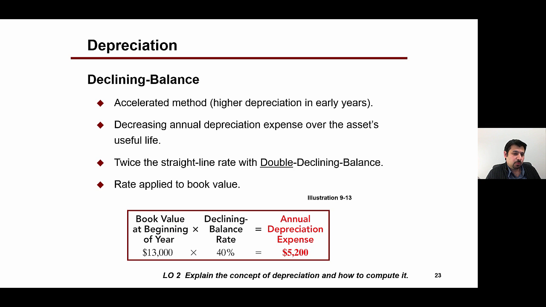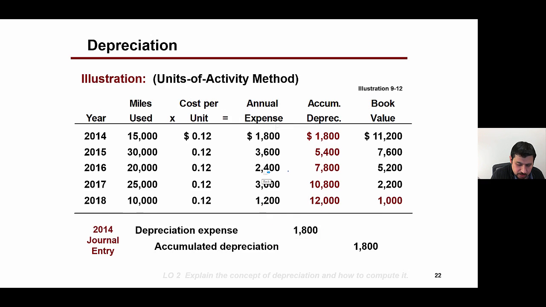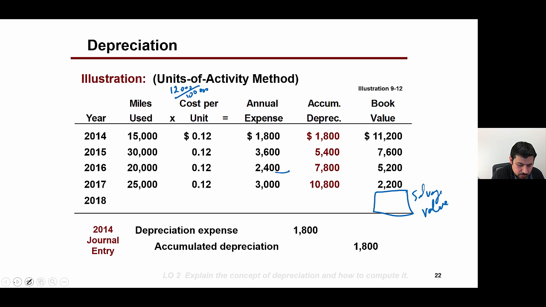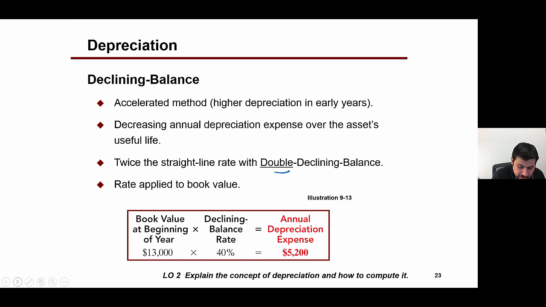One of the popular declining balance methods is called the double declining balance. The reason we call it double is that it's double the straight line rate. Here, we know that the useful lifetime of the truck was 5 years.